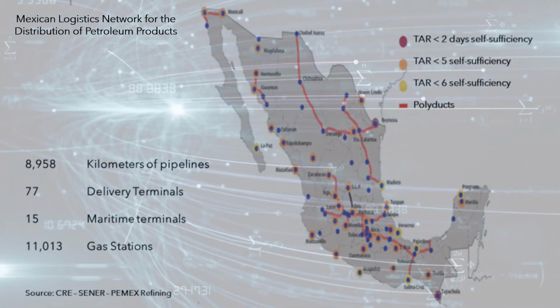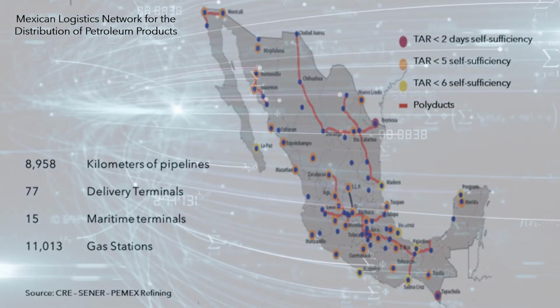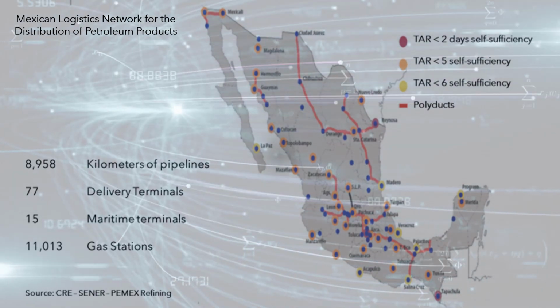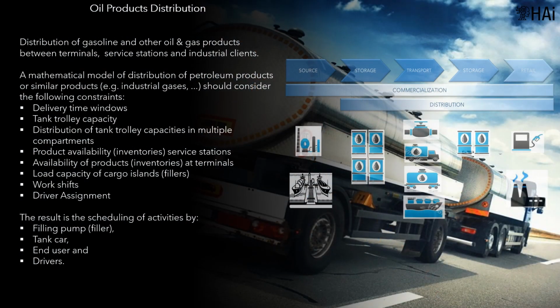The image shows the Mexican logistics network for the distribution of petroleum products, which reflects all the elements described above. Distribution of gasoline and other oil and gas products between terminals, service stations and industrial clients.